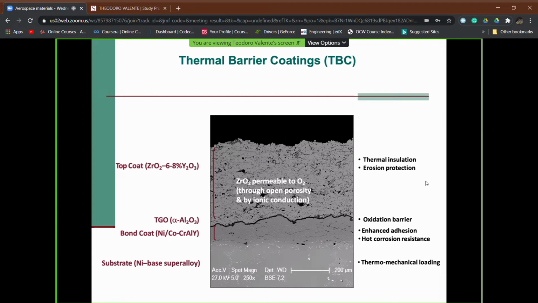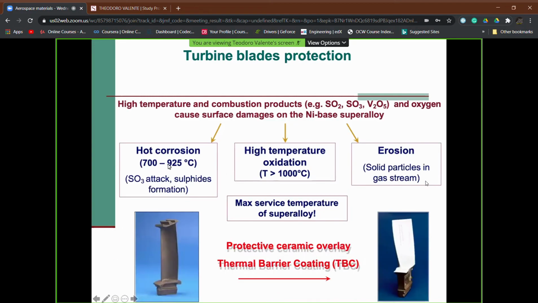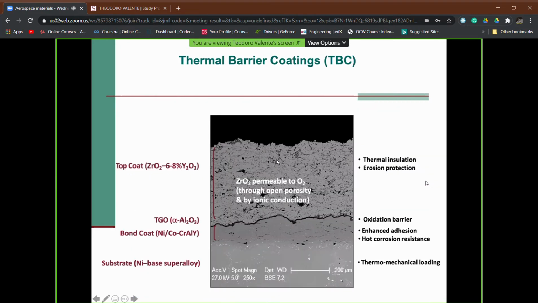And this can represent a drawback for us, because as we said before, we also have to prevent the nickel-based superalloys from hot corrosion, for example, from attack of sulfur trioxide or from high temperature oxidation.